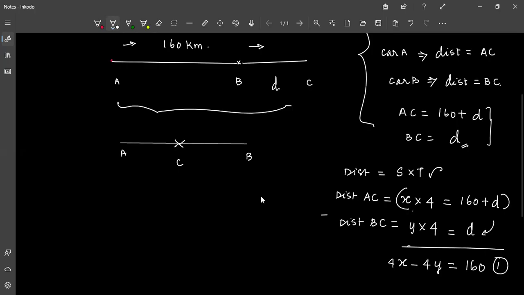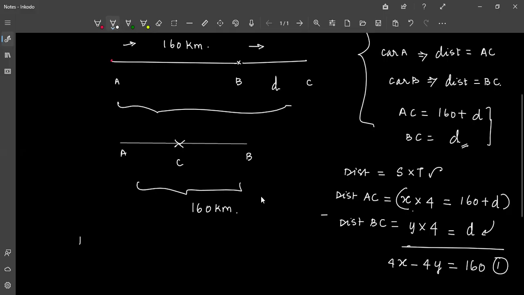Now we'll move on to the other case where they both meet in lesser time, which is 1 hour and 36 minutes. Here, this whole distance is 160 kilometers.